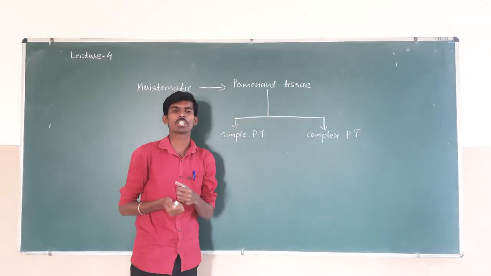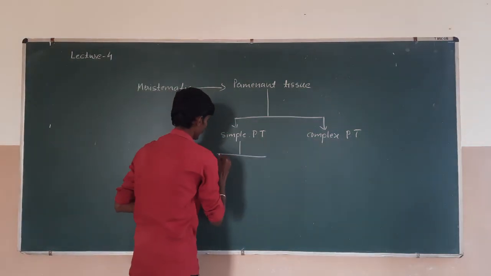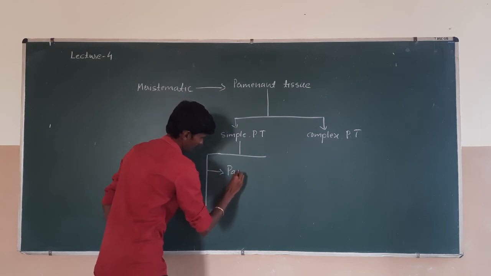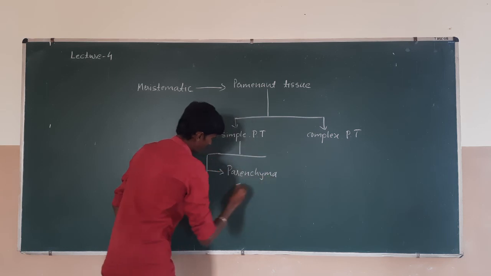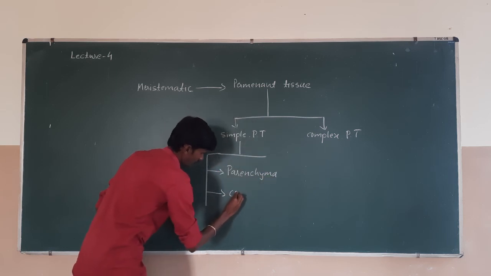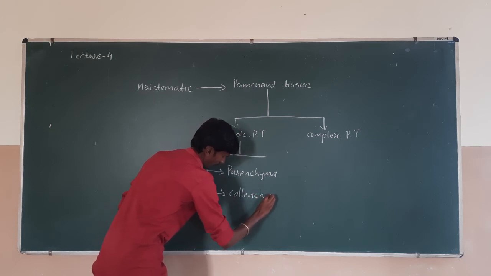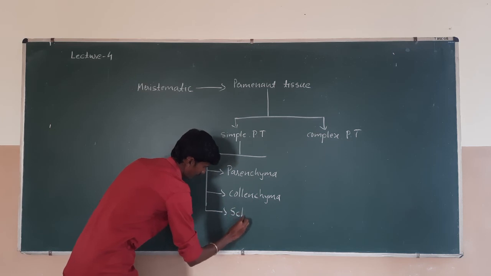Again, the simple permanent tissue is divided into three types: one is the parenchyma, another one is the collenchyma, and the third one is the sclerenchyma.